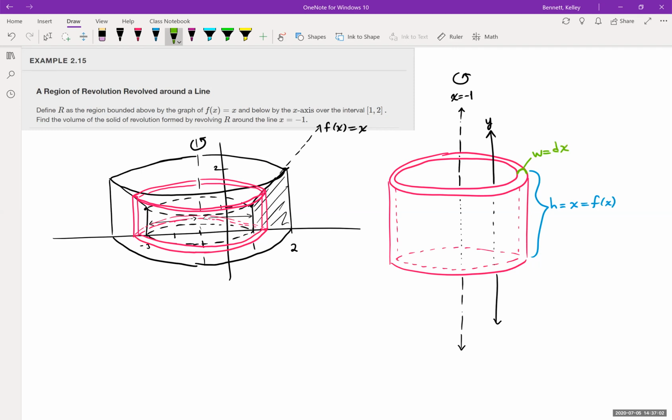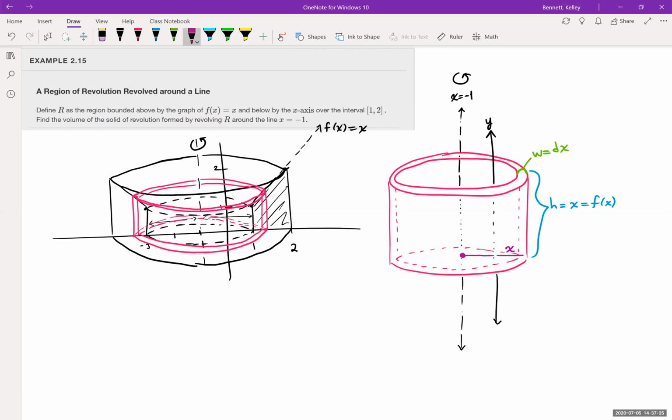But now, in order to figure out the circumference, we need to know the radius. So remember that the radius is starting from the axis of rotation. So that means first I have to go to the y-axis, and then I'm going over here. So from the y-axis to this point, that's just x, like it has been before when we rotated just about the y-axis.